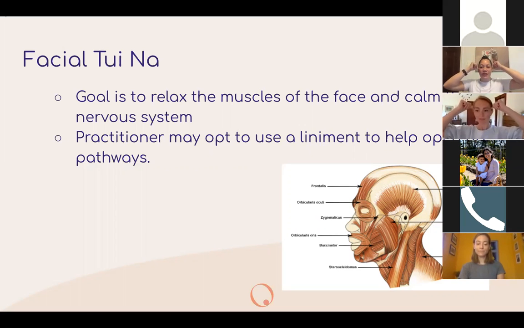Do those circles again, just to really relax those facial muscles. And this is where we bring it all together. We just swipe up along the hairline to the center, top of the head. Obviously, my bun does not help with this situation, but I will say I still feel some relaxation.